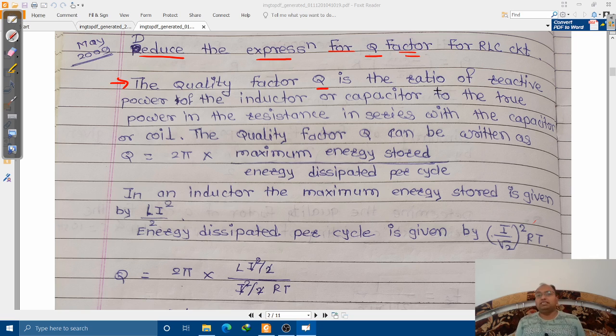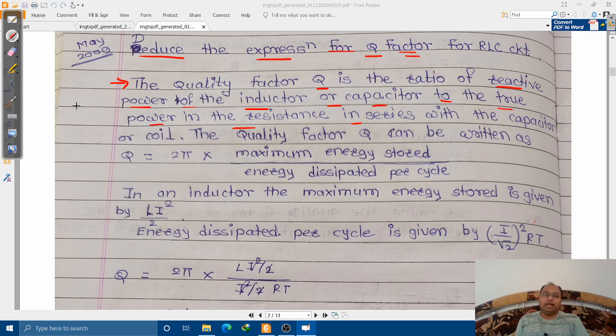It is the ratio of reactive power of inductor or capacitor to the true power in the resistor which is in series with the capacitor or coil. So quality factor is associated with inductor as well as capacitor.